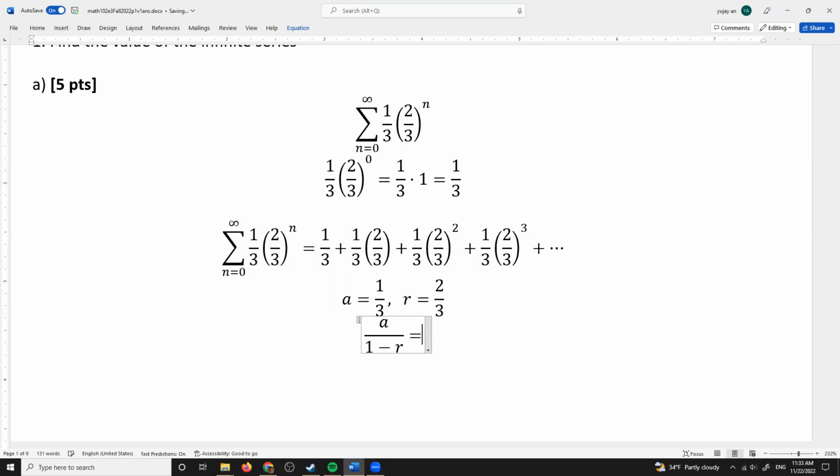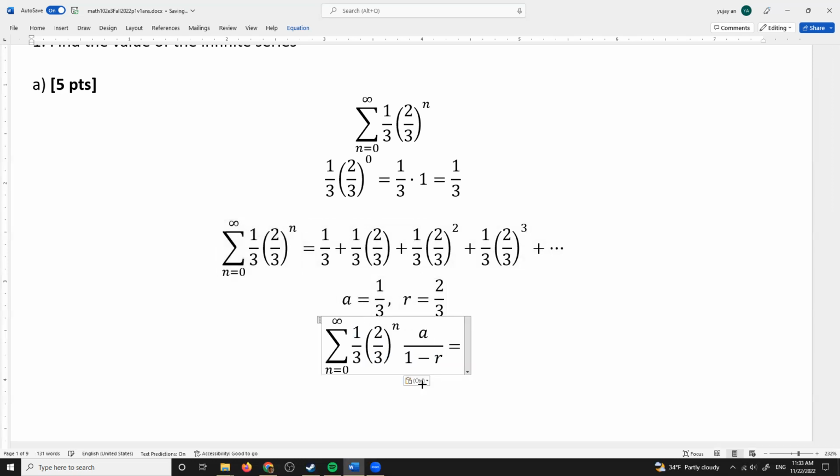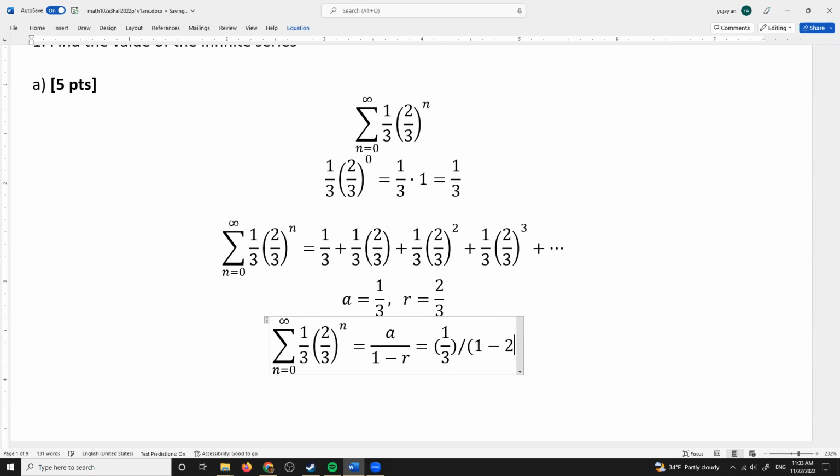That's the formula for infinite geometric series. So this is equal to a over 1 minus r, where a is 1/3 and r is 2/3.